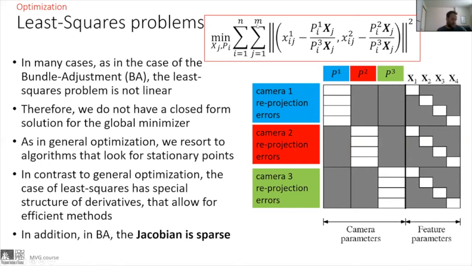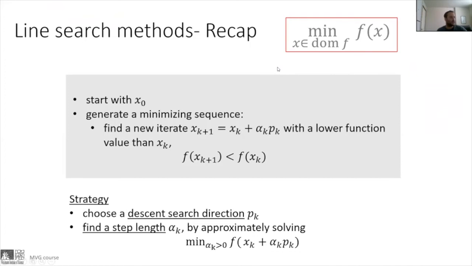But in each of these terms, we have only a constant number of variables: only 1 3D point and only 1 camera matrix. So we will try to take advantage of this sparsity. All right, now we go into how to optimize the objective.